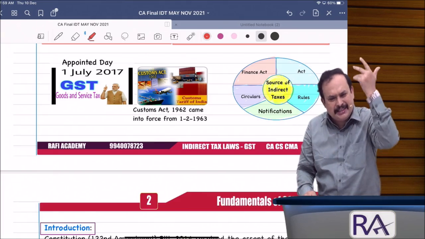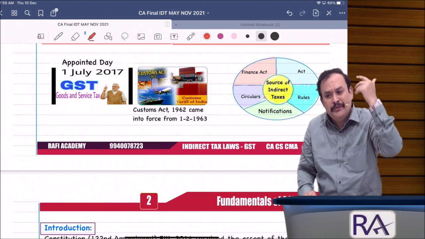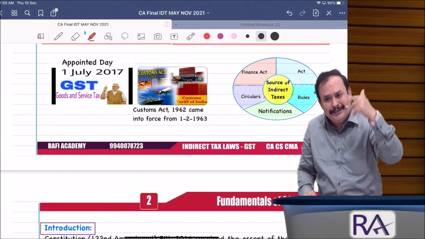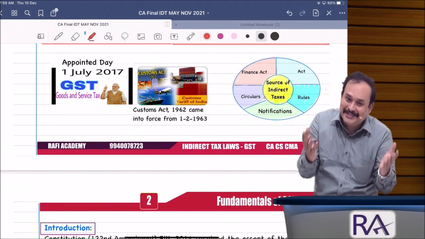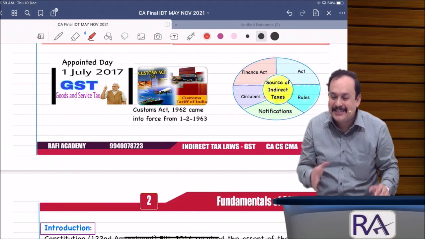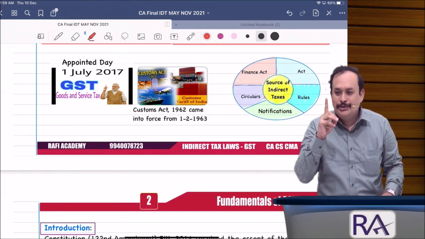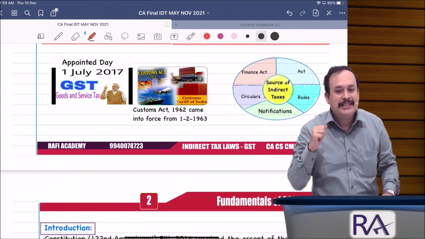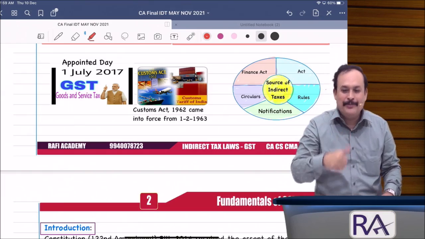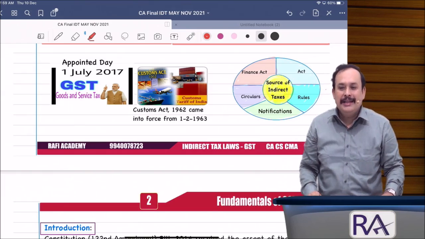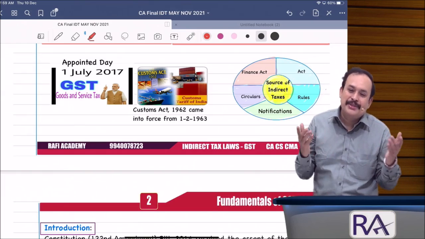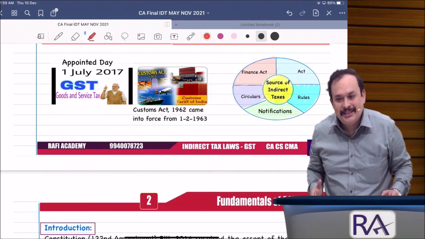Central excise, CST, VAT, octroi, entry tax, luxury tax, this tax, that tax, has been eliminated. Only one tax, to bring truly the one nation, one tax concept. Having that, the Government of India introduced goods and services tax all over India.